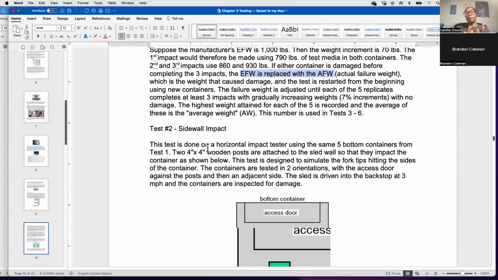Because once you get to that point where something got damaged, now you're trying to find out exactly when it happened. If I have a design and a weight of A, and I know it gets damaged, I back that out until I find out exactly when it's safe and it won't get damaged. So that's what you're looking for.